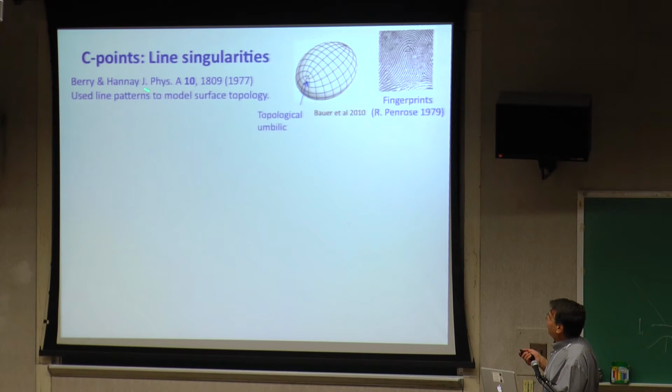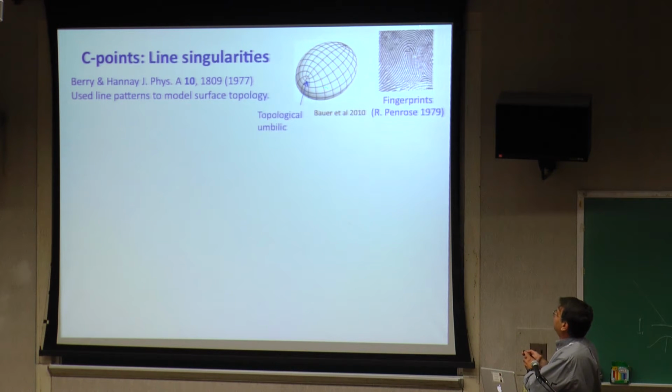It was originally presented by Berry and Hannay in 1977. Properties of topology, that you have these singularities in lines. This line just ends there, and all the lines just go around it. Or you have this triangle-shaped line. And you can also associate that to a topological feature.